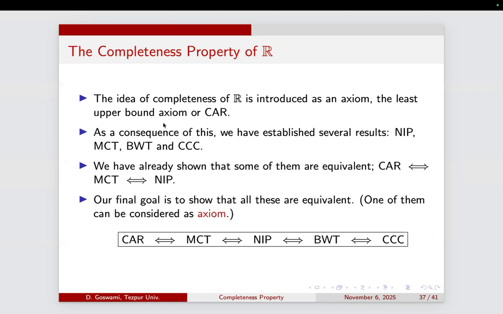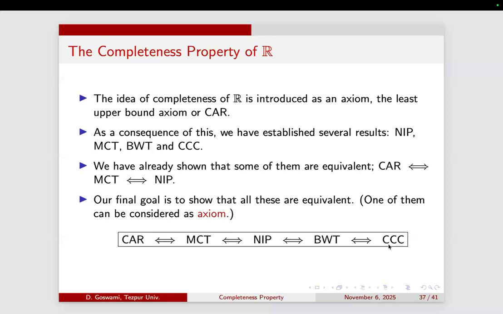So our final goal: all the statements that we have made in terms of supremum, monotone sequence, the nested interval theorem, subsequence, and Cauchy sequence basically result in the same thing. They tell us some specific property of R, and each one of them is equivalent to the others.